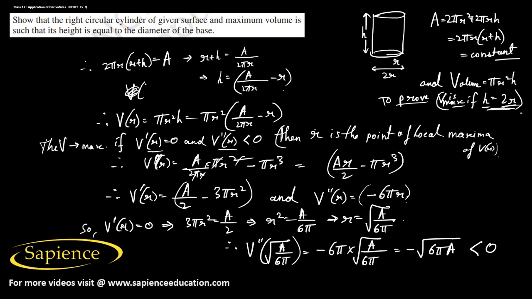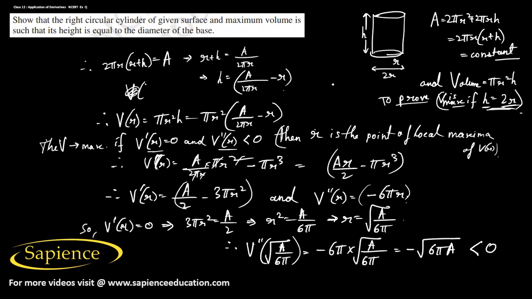So at r equal to root over a by 6 pi, the value of v dash r is equal to 0 and v double dash r is less than 0. So r is the point of local maxima.